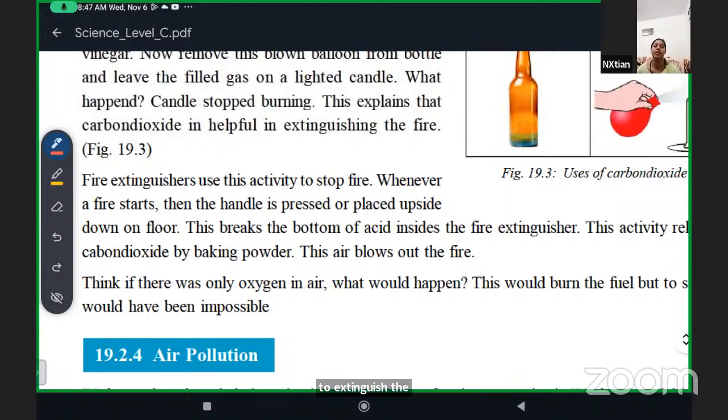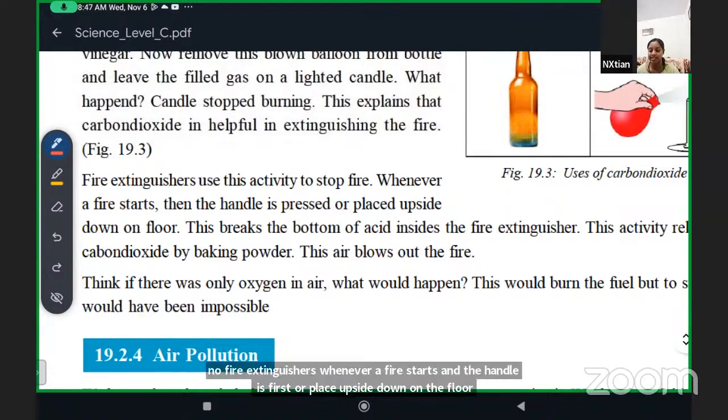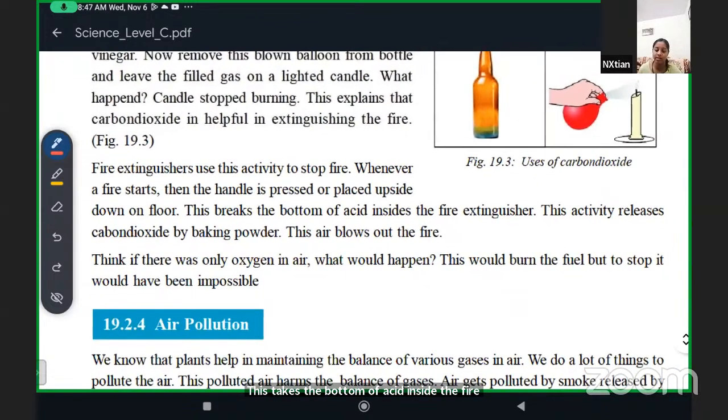The other gases like oxygen we use to ignite the fire, but CO2 is used to extinguish the fire. Okay, with the fire extinguishers, whenever a fire starts, then the handle is pressed or placed upside down on the floor. This breaks the bottle of acid inside the fire extinguisher. This activity releases carbon dioxide by baking powder. This air blows out the fire.